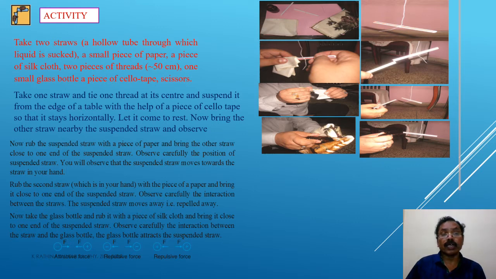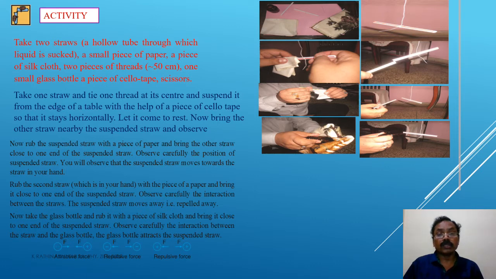Here they take two straws, a hollow tube through which a liquid is sucked, a small piece of paper and a piece of silk cloth, two pieces of thread, one small glass bottle, a piece of sellotape, and scissors. These are required for doing this activity. Let us take one straw and tie it under this.